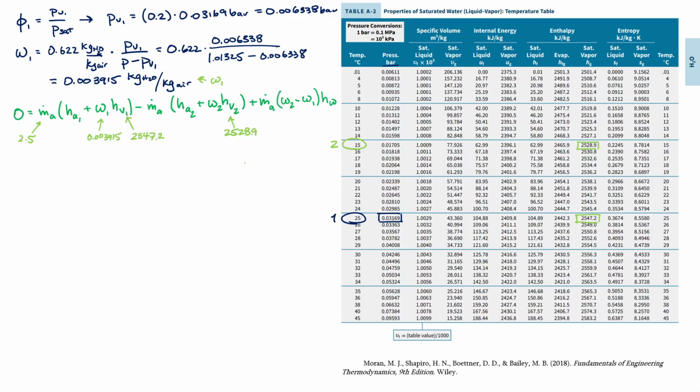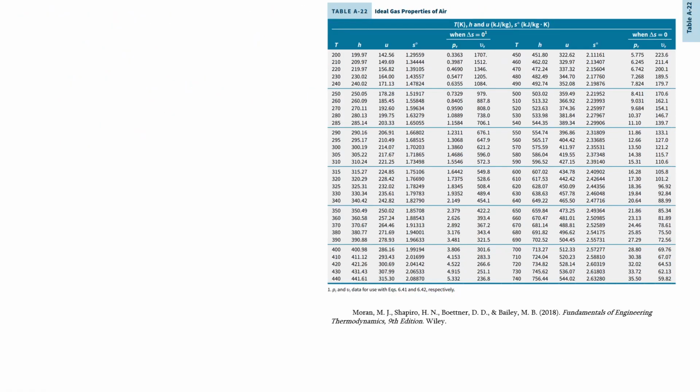And then for my H's of air, I'm going to go down to my next slide here. And I unfortunately have to work in Kelvin. All the temperatures in this table are in Kelvin. So at state 1, I am at 25 degrees Celsius, which is going to be 298.15 Kelvin.